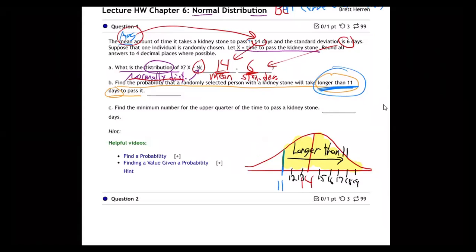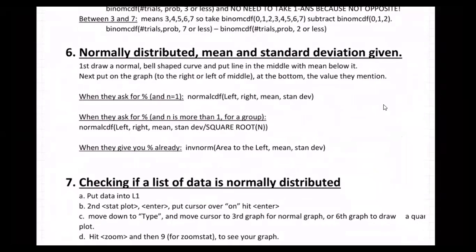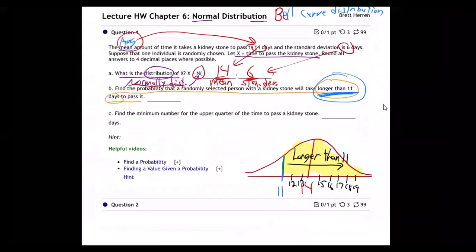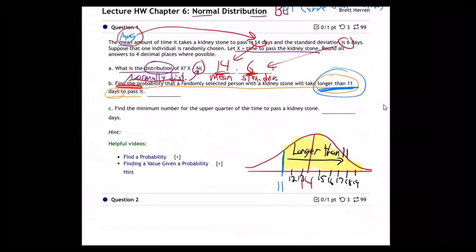Now we're going to use our calculator to get the actual answer. How do we do it? Let's come on down to the instructions here. It says, when they ask for a percentage, are they asking for a percentage? They're saying find the probability. Yeah, that's asking for a percentage, isn't it?